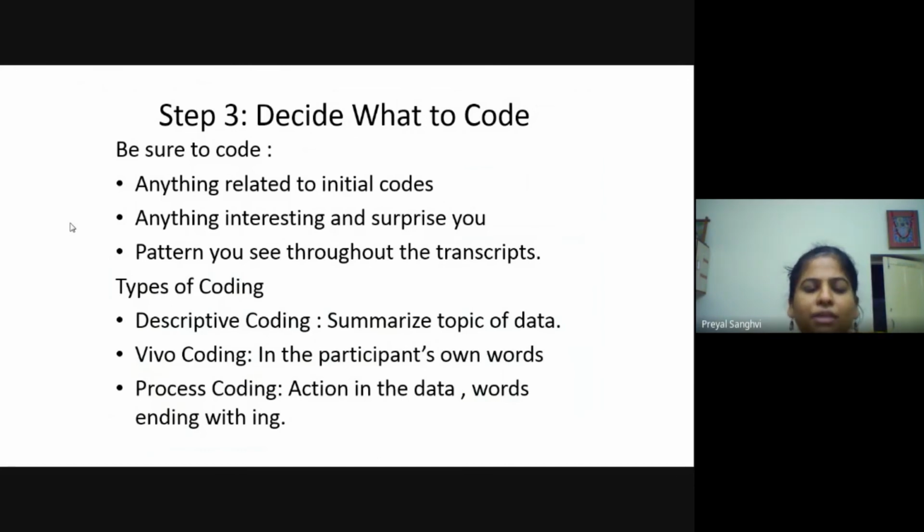Process coding, if we talk about process coding, then in process coding we are going to emphasize action in the data. We are going to use words with the ing form.